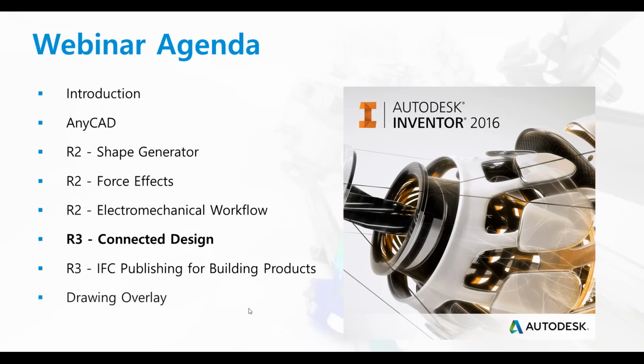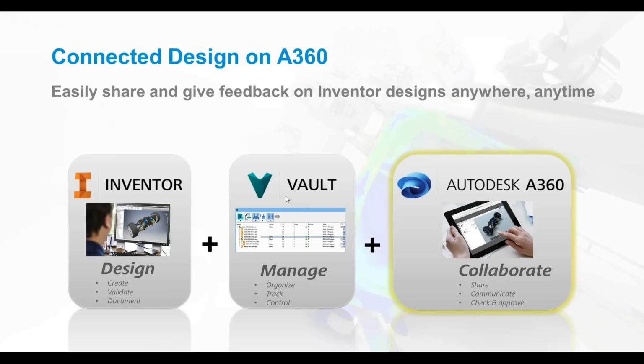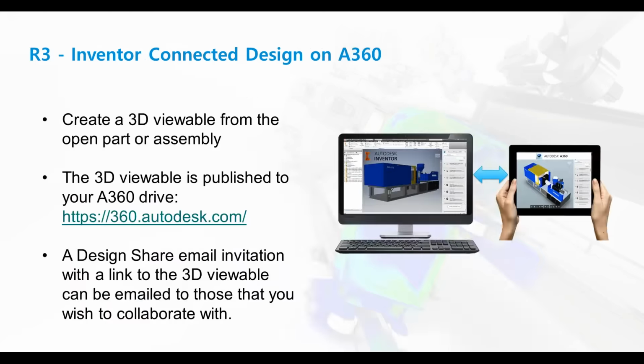So now what we're going to do is go over to design. Connected design will allow you to create a model in Inventor. You can share it with the world in a very rapid fashion, and you invite who you want to see it via email. This is done through Autodesk 360, and it's called Design Share.